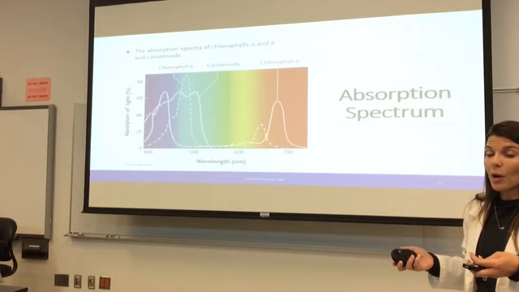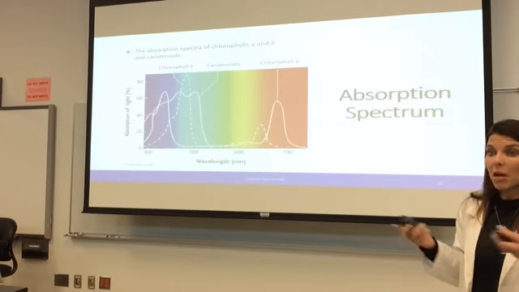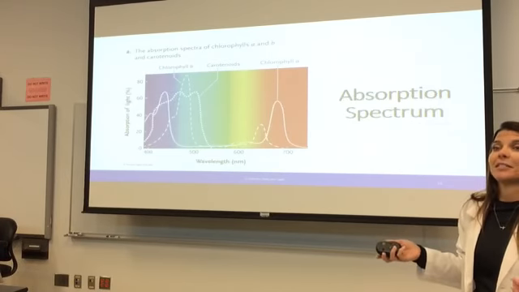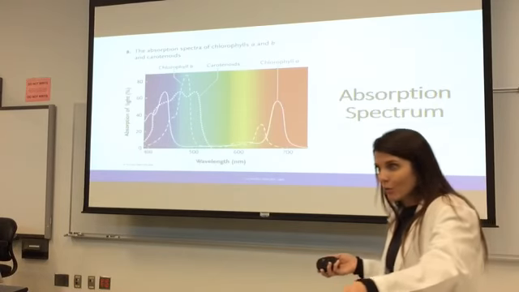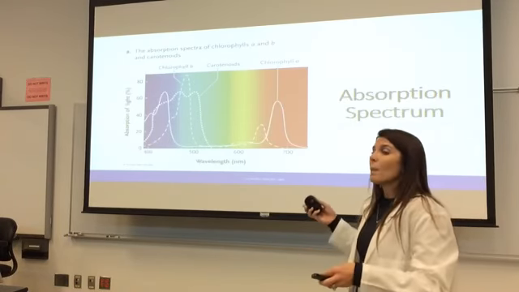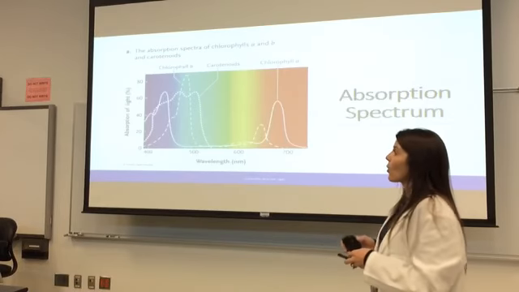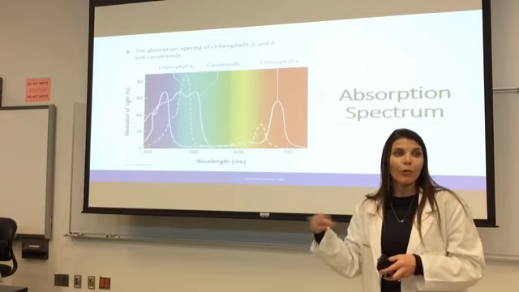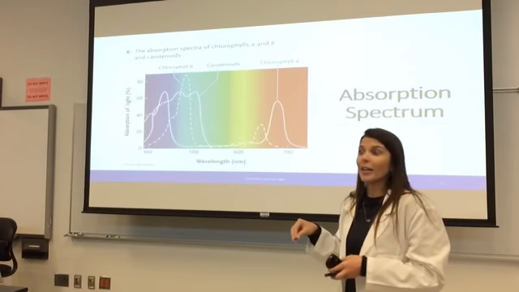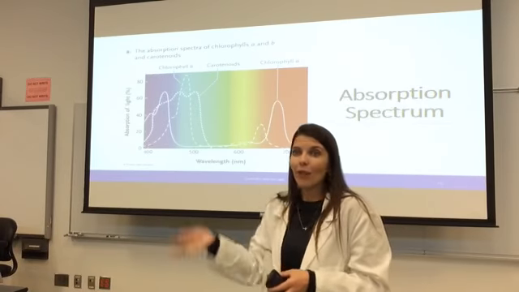It absorbs the rest. It's green because it reflects green. The shirt's blue because it reflects blue. These photosynthetic organisms that have chlorophylls as their main pigment, because they reflect green, don't grow well in green light because they reflect it.